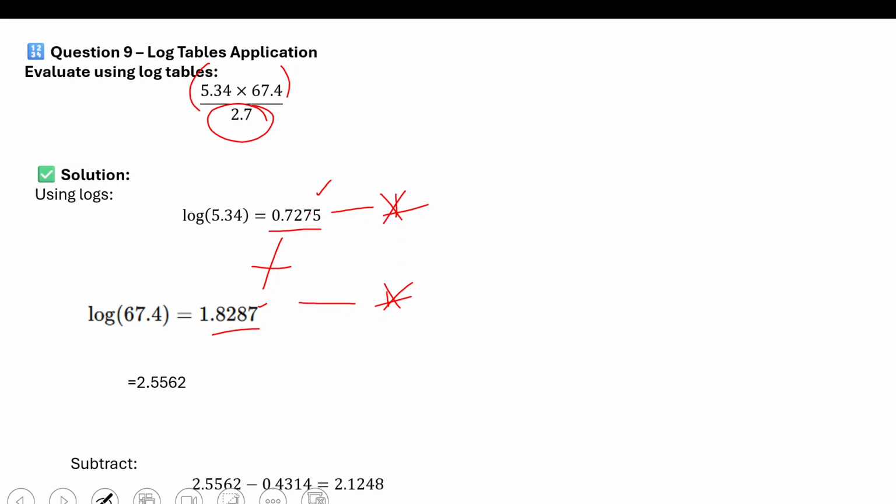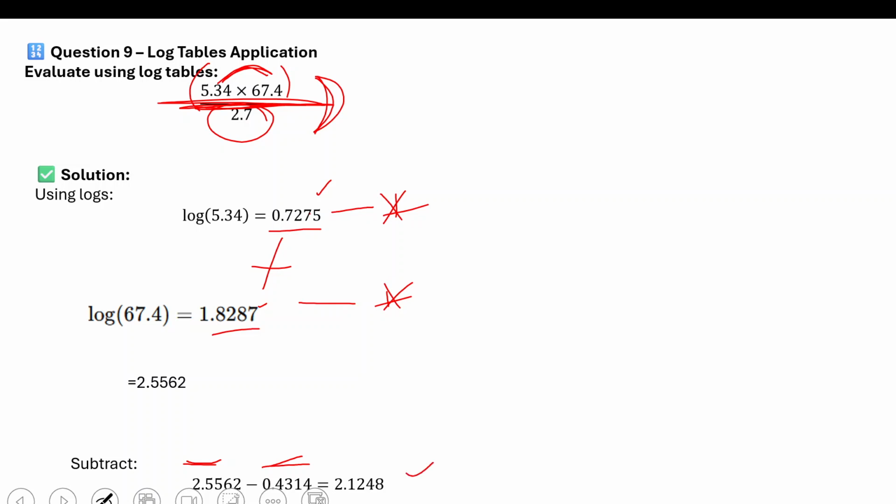So I'm subtracting that from there because there's a division line. For multiplication, I'm adding the logs. Division, I'm subtracting the logs, right? So I'm having 2.5562 minus 0.4314.